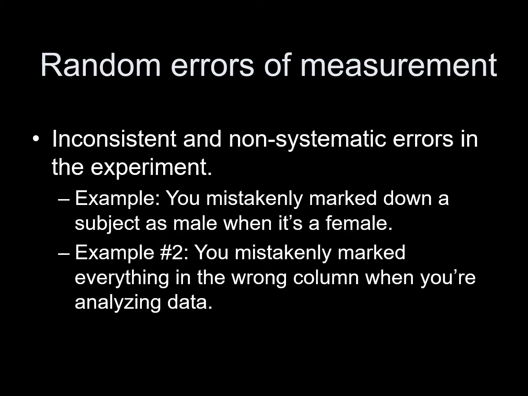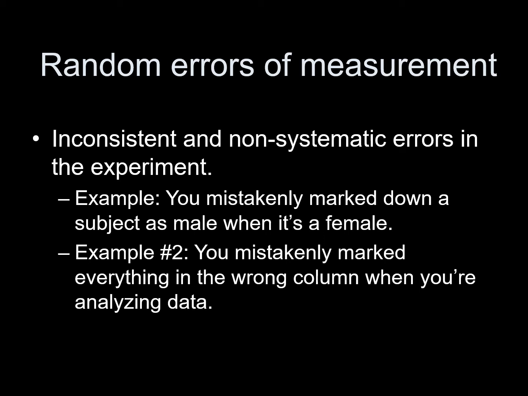All right. So now let's talk about random errors of measurement. Random errors are inconsistent, non-systematic errors in an experiment. So things like mistakenly marking a subject down as male when it's a female, or mistakenly putting everything in the wrong column when you're analyzing data. These are things that happen in a blip, or something like a copy-pasting error.